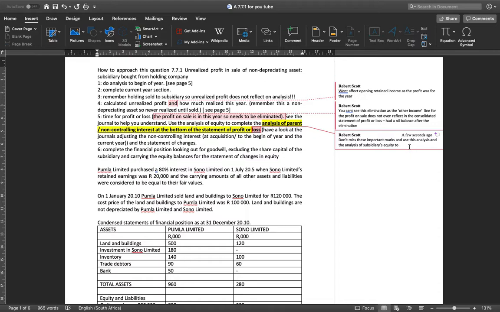Once you've got the profit for the year analyzed, you can put how much belongs to the NCI. You can start off the analysis at the bottom of your statement of profit or loss. Don't wait until you finish the analysis before you can.